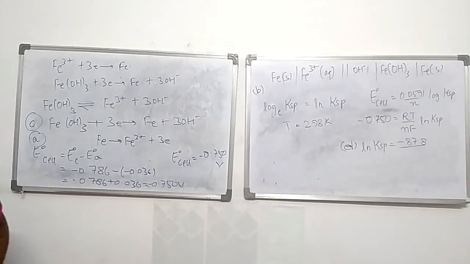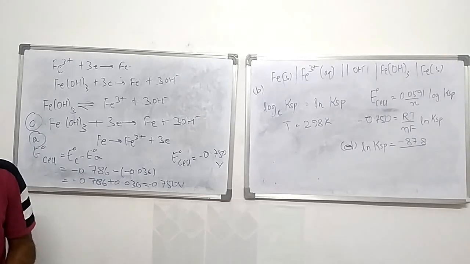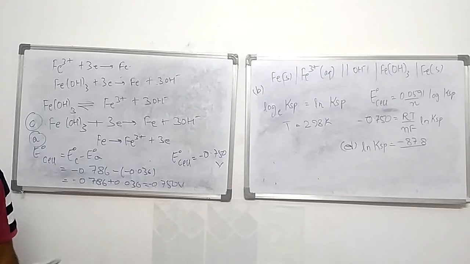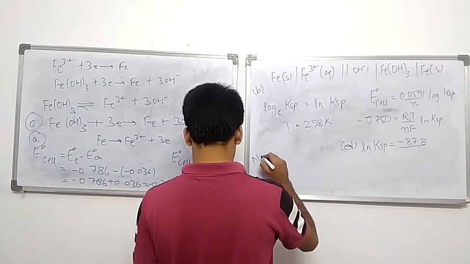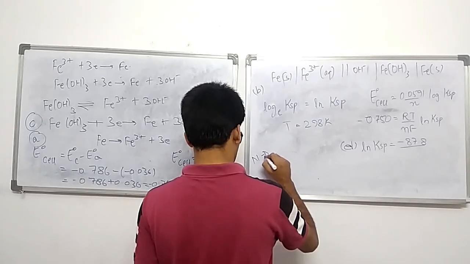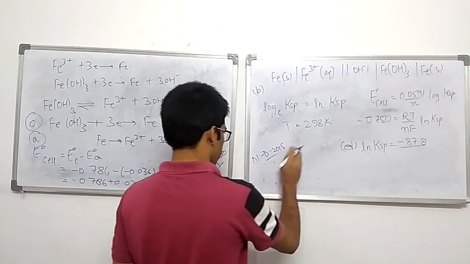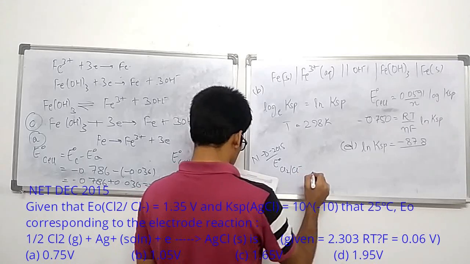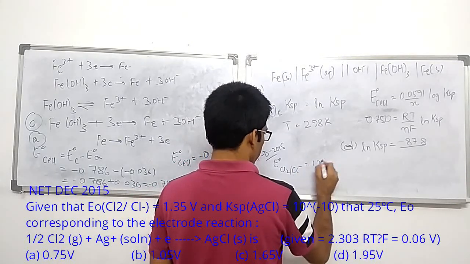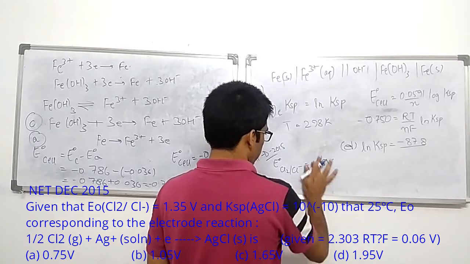Fine. We have one more question from this, which came in NET. Okay, so this question came in NET 2015. It's a good question. So they are saying you have been given the E naught for Cl2/Cl minus as equal to 1.35 volts.